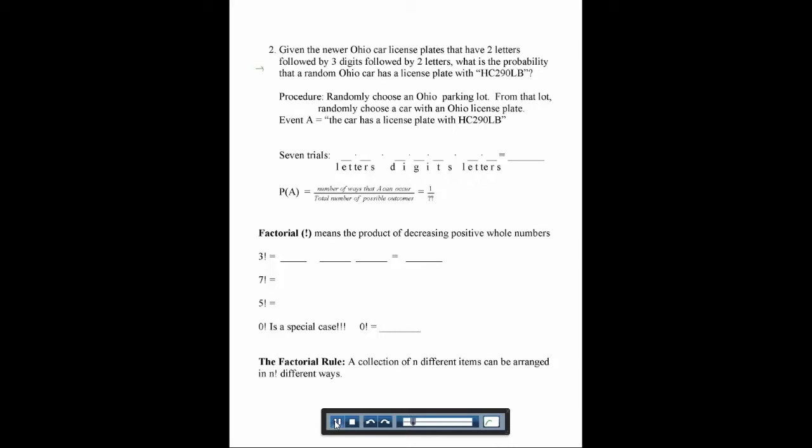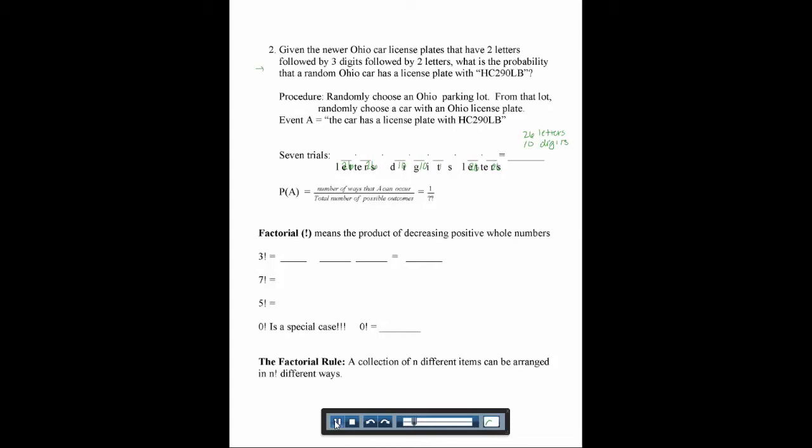We know there are 26 letters, A through Z, and 10 digits. To figure out how many different license plates they can make with this numbering scheme, every place where there's a letter, we have 26 possibilities, and any place there's a digit, we've got 10.